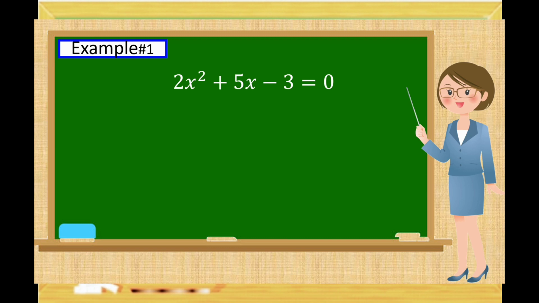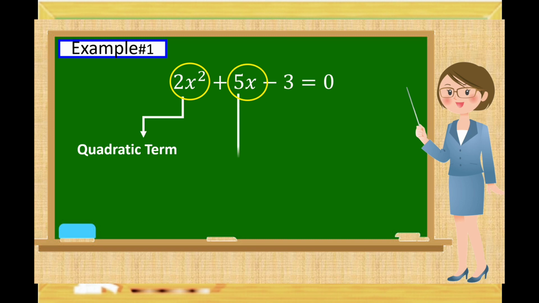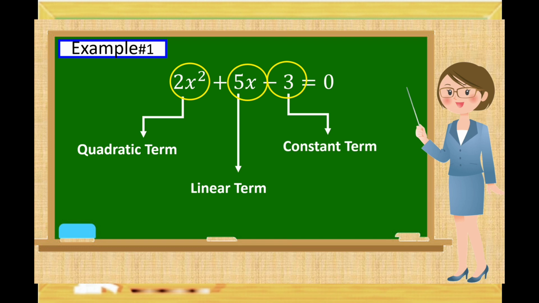In this equation, 2x squared is the quadratic term, positive 5x is the linear term, and negative 3 is the constant term. Now, let us identify the values of a, b, and c. The value of a is positive 2, b is positive 5, and c is negative 3.